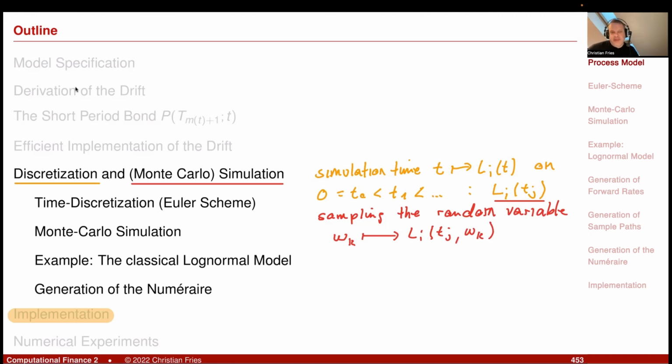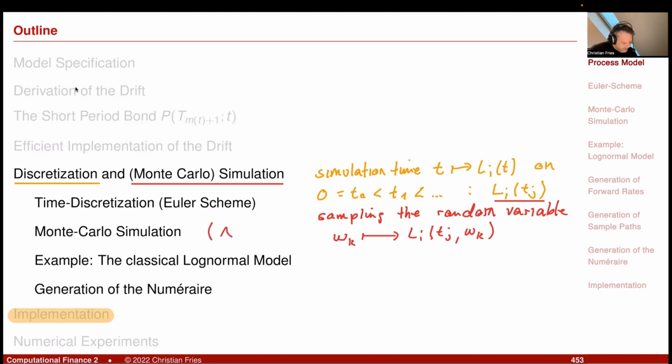So I would like to first review these things. We have some building blocks: the Euler scheme, generating normal distributed random variables, because this random variable Li of Tj will be generated by our Brownian increment.